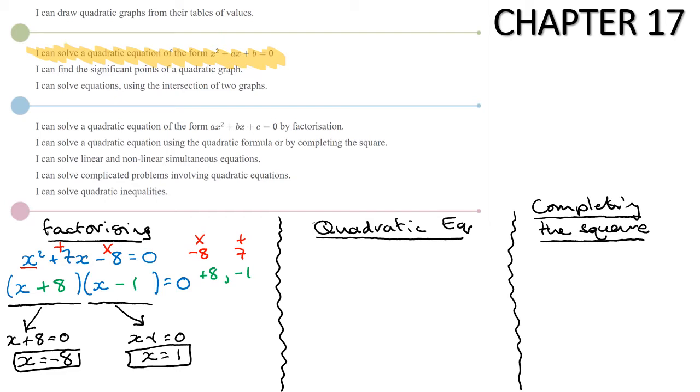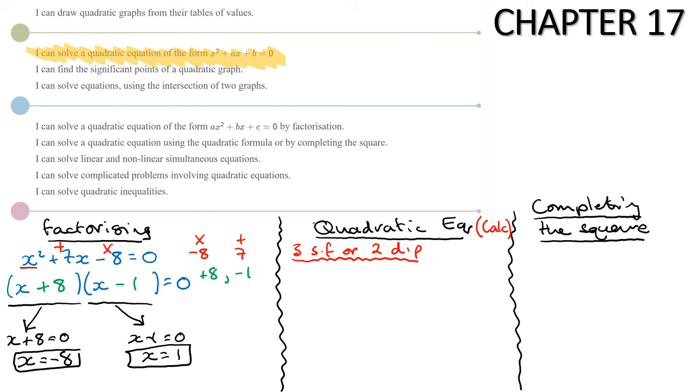Now the quadratic equation, this is when it's going to be on a calculator paper, and normally it will say something like, give your answer to 3 significant figures, or 2 decimal places. Whenever you get an answer that you're going to have to round, then it normally means that you're going to be using the quadratic equation.